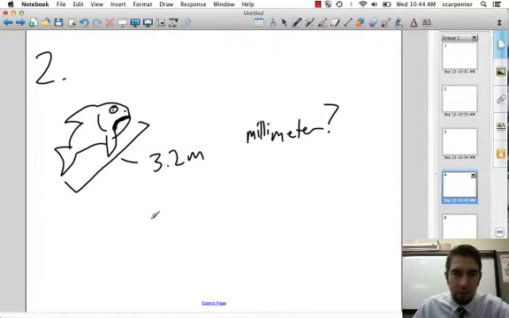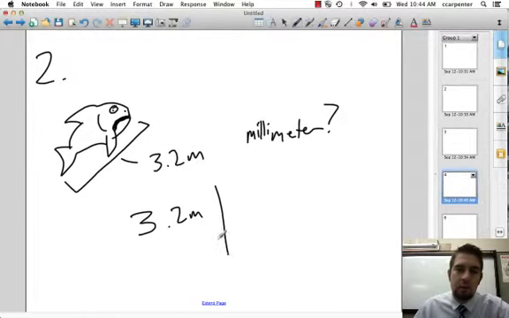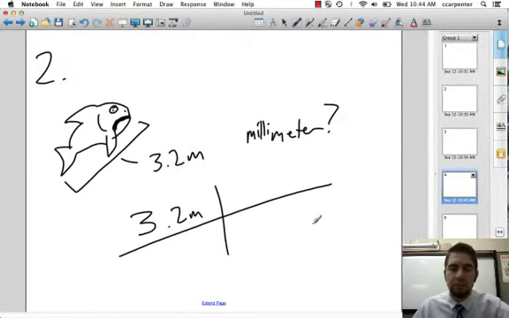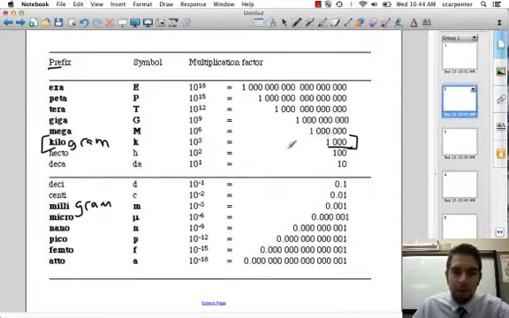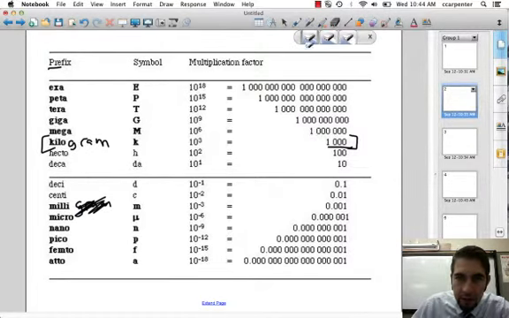Well, we've got to go ahead and set up our conversion table just like we did before. And as you can see, I'm going to put meters on the bottom because I've got to keep them diagonal. And I'm trying to go to millimeters. So let's check out our table here.